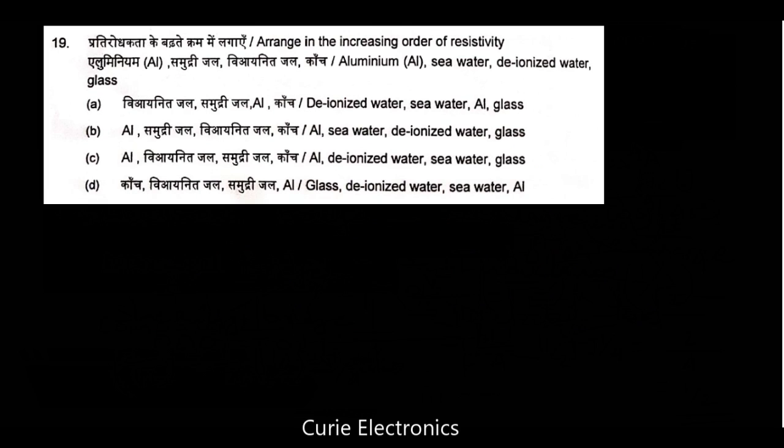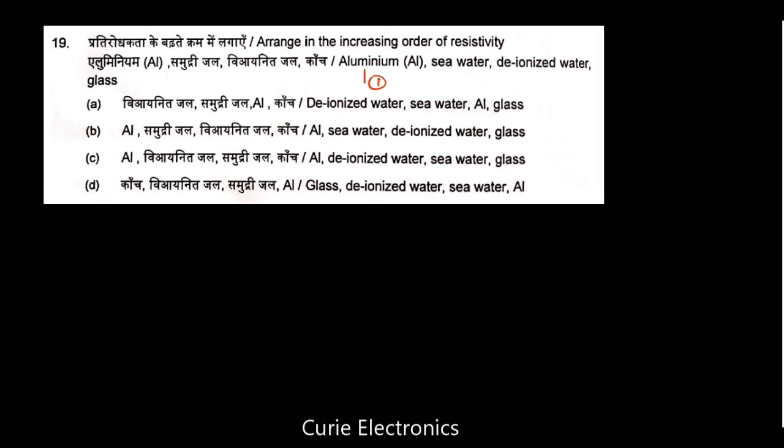Question number 19. Arrange in increasing order of resistivity. So that means the resistivity of the material should increase. Resistivity is just opposite to conductivity. Now, if we see here, aluminum should come first, that we know.